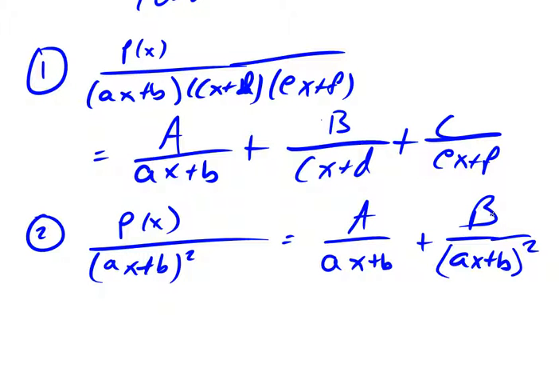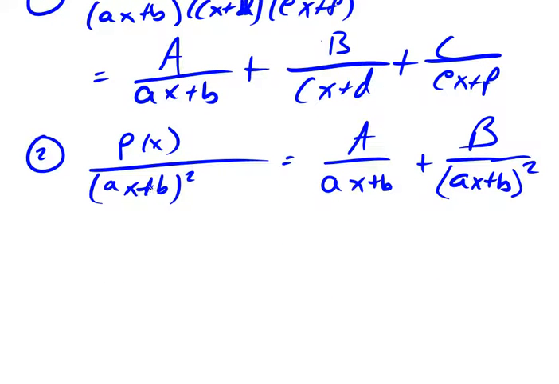Remember that we're always insisting that the numerator have a smaller power than the denominator. So with this being quadratic, the numerator would have to be only linear. When I combine these two together, I'll get that common denominator, and I will generate a linear numerator, because this will get multiplied top and bottom by ax plus b.